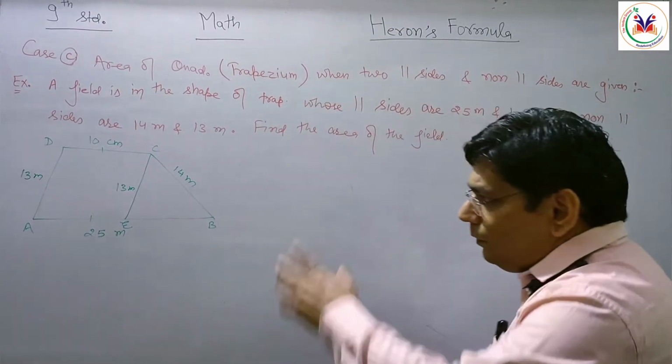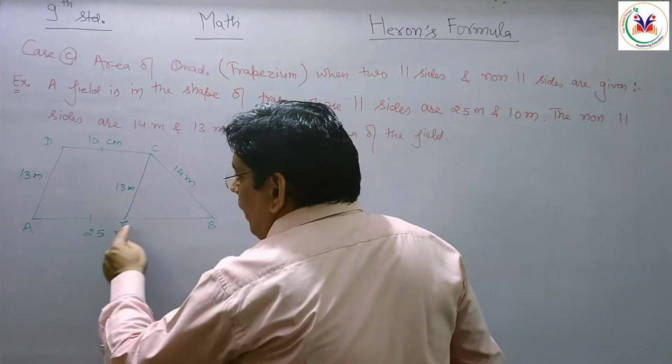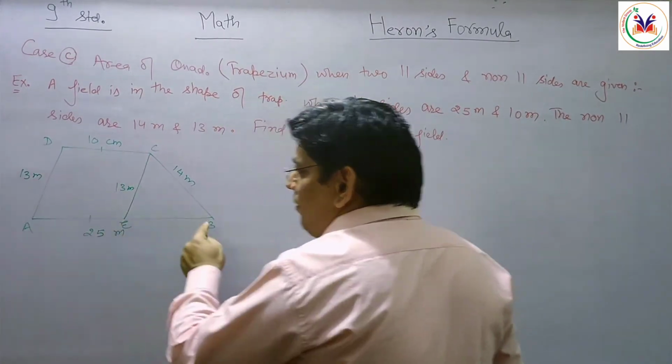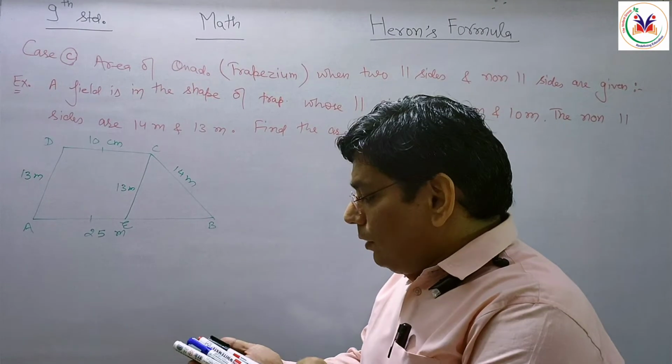सुना, अब ये diagram अगर हम देखें तो ये एक part parallelogram हो गया और ये एक triangle हो गया. Am I right? Parallelogram की opposite sides क्या होती हैं?